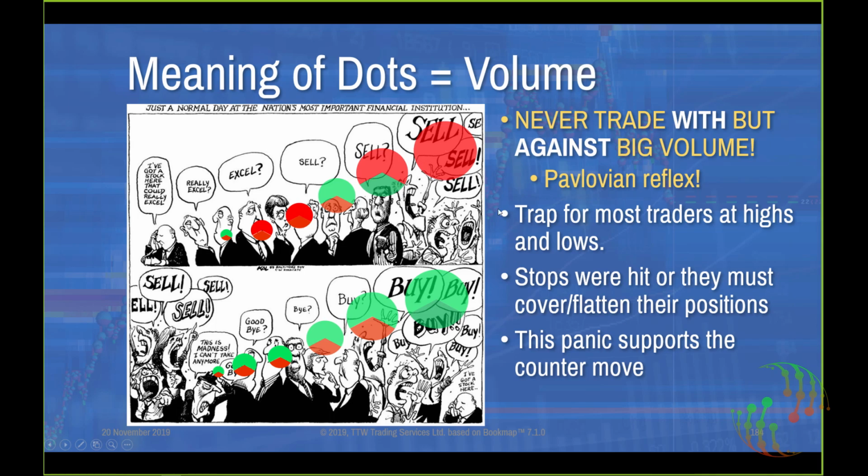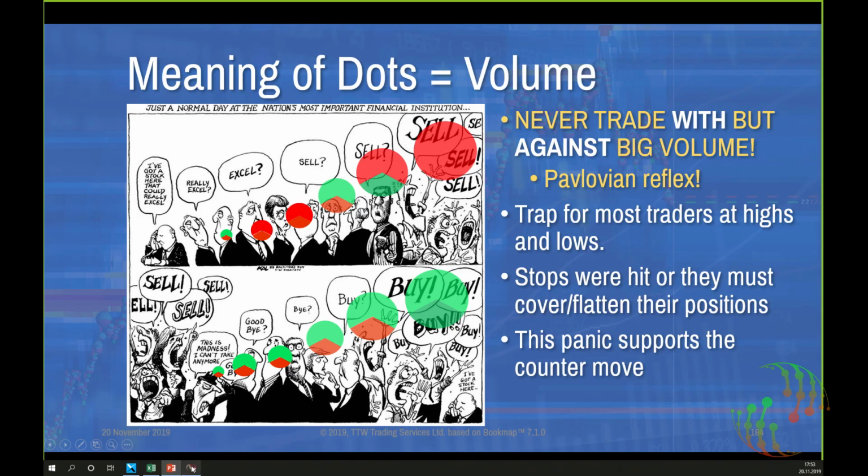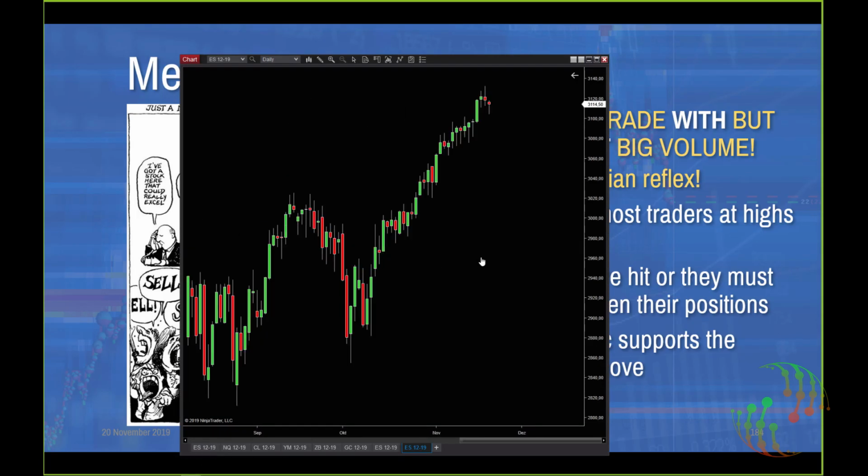Never trade with but against big volume. Avoid the Pavlovian reflex trap. Most traders are trapped at highs and lows. That's what we learned in the sweeps. But when you are an investor, not day trading, a long-term investor in shares for example, then you also have to obey the same principles we learned for day trading in ES.